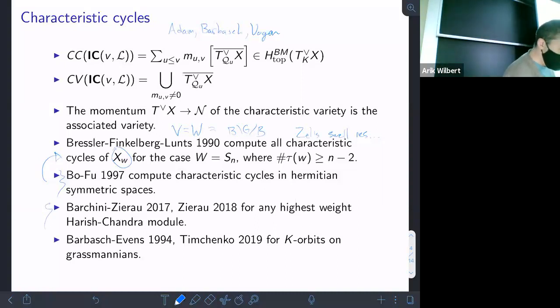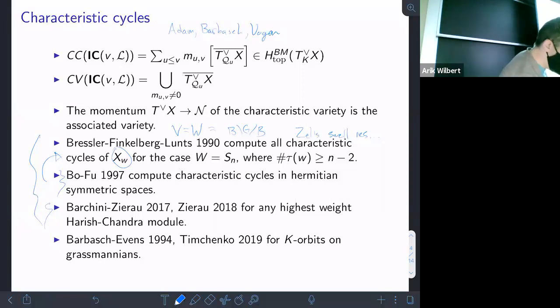So all of these are the Schubert variety case. And there are also some results for K orbits. Barbasch and Evens, with their small resolutions, actually said enough information in their article, using general principles, to say that the characteristic cycles are irreducible for U(p,q) and Gauss-Manin-like varieties.